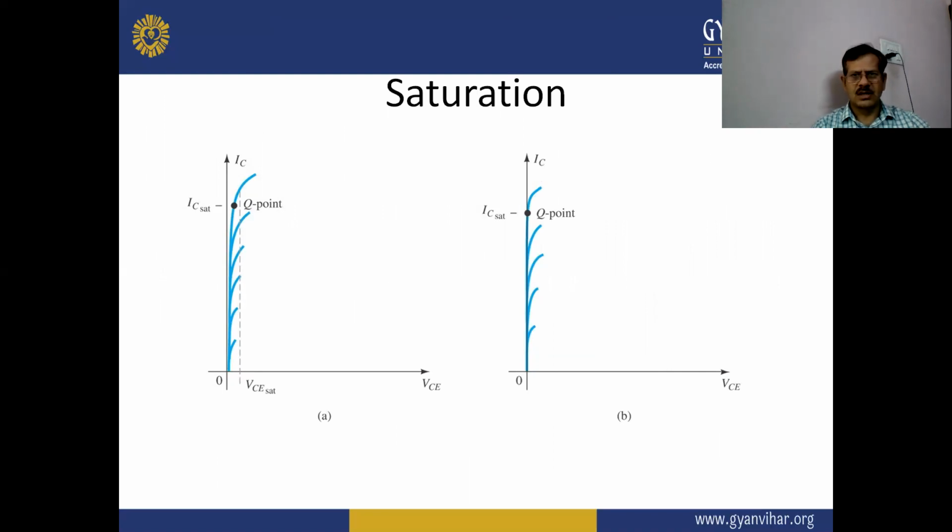So there is the saturation position in this graph. That graph is drawn between IC versus VCE, or output current versus output voltage. So there are some Q points also at the IC saturate current, and some have the value of VCE saturate voltage at the Q point. So these show the saturated value of the IC and VCE at the Q point.